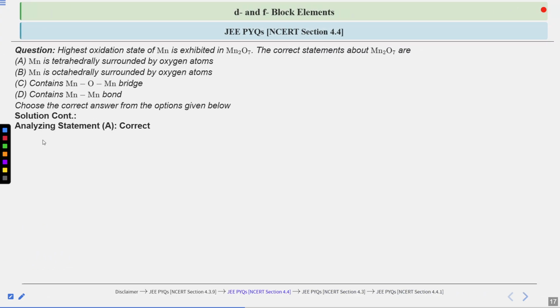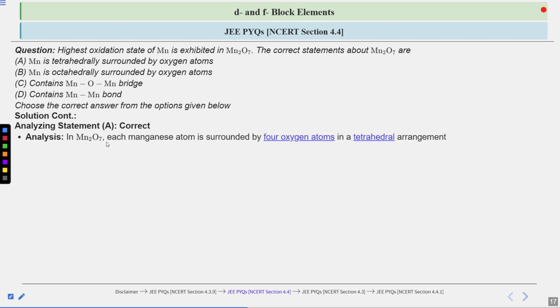Let's analyze statement A. That is our correct statement. In Mn2O7, each manganese atom is surrounded by 4 oxygen atoms, right? 3 are double bonded with oxygen and 1 is single bonded with oxygen. So each manganese in the structure of Mn2O7 is surrounded by 4 oxygen atoms in a tetrahedral arrangement.